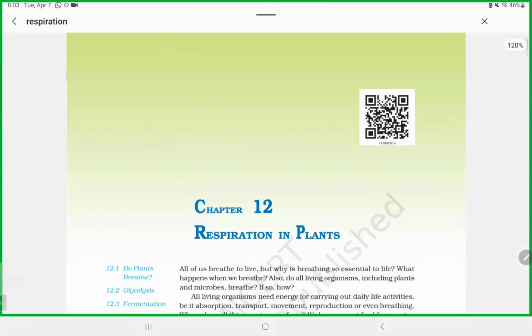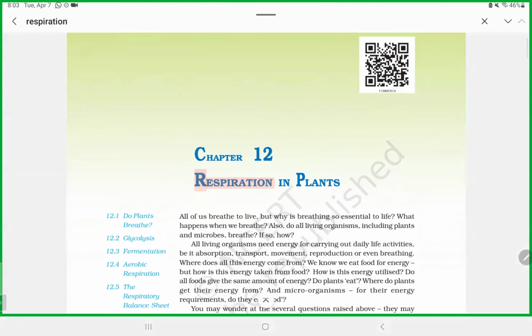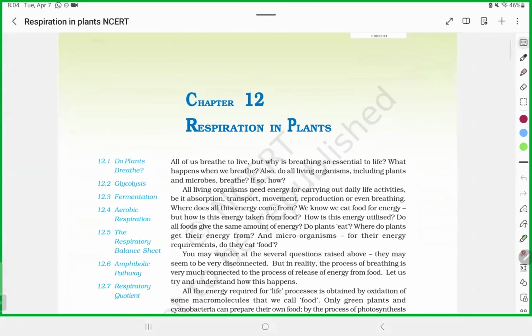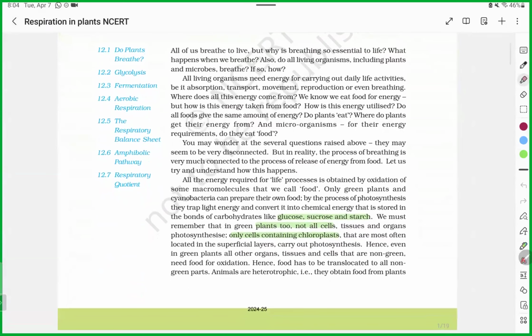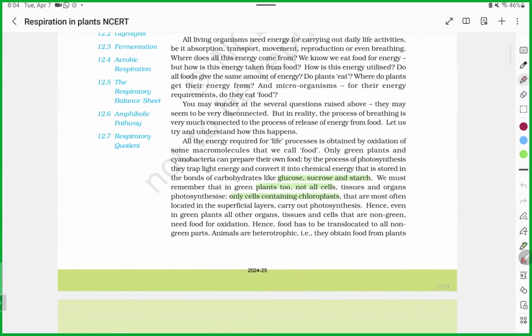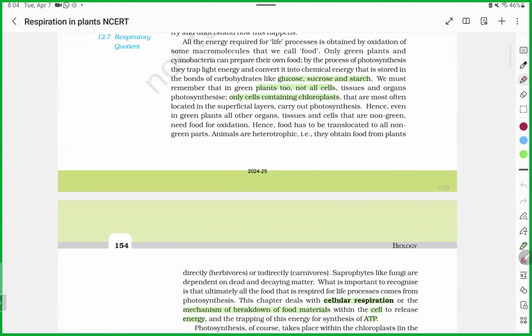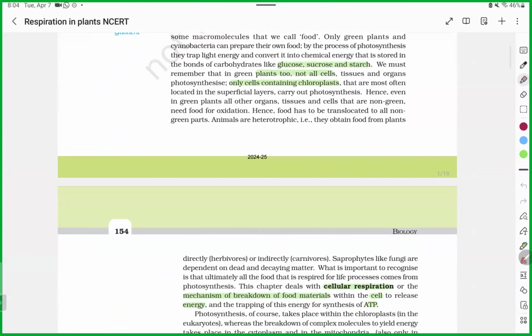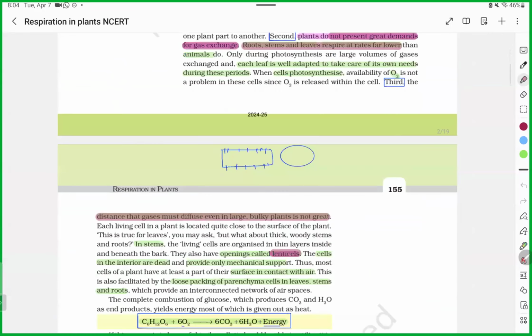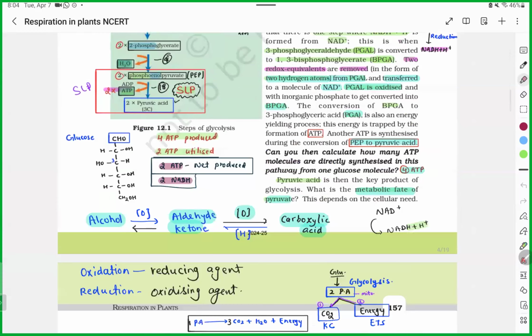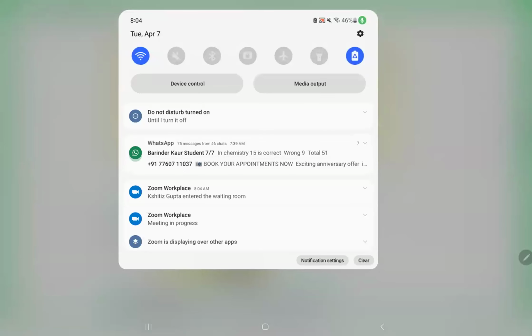Respiration in plants NCERT. First, we'll do from the end. This part will be questioned.